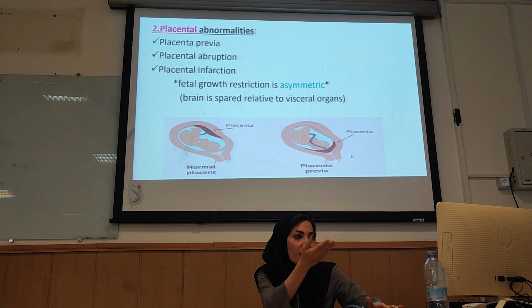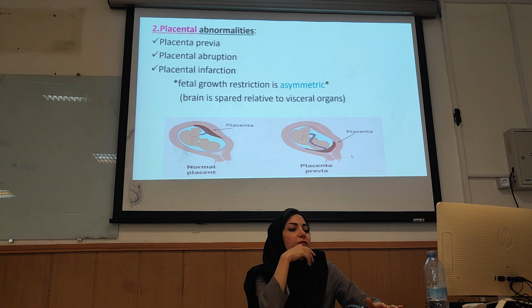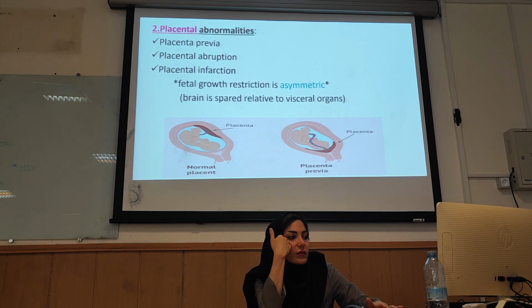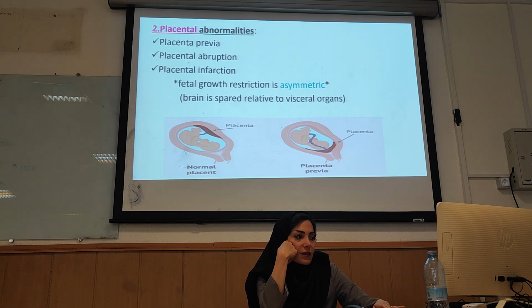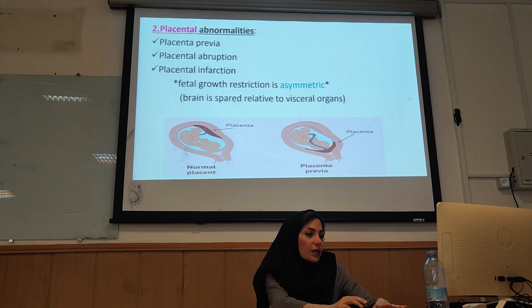Previa means the placenta is located over the birth canal or cervix and blocks the passage, so its location is not correct and can lead to complications, and placental insufficiency may be present.